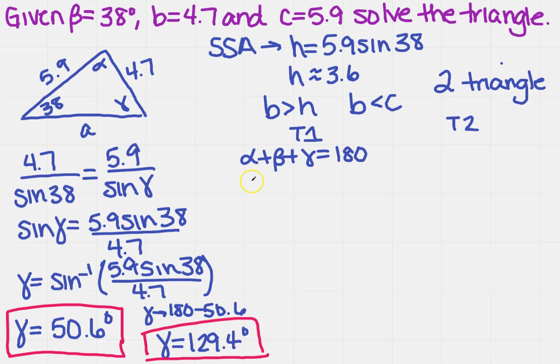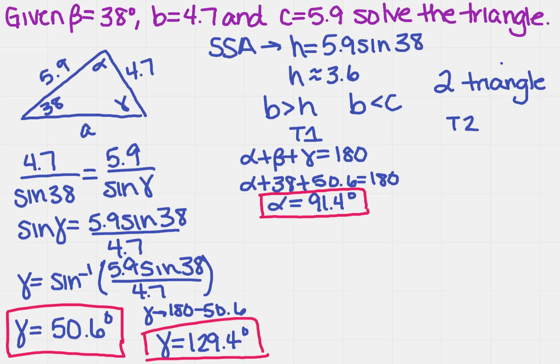I still don't know alpha, but I know beta is 38, and for the first one, I'm going to use the first value of gamma that I came up with, which is 50.6. And so when I do that, I get that alpha equals 91.4 degrees. Okay, so there's another answer that we just obtained.